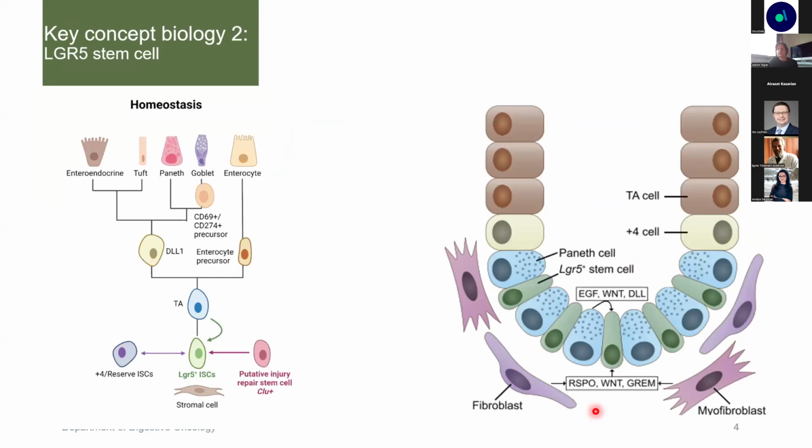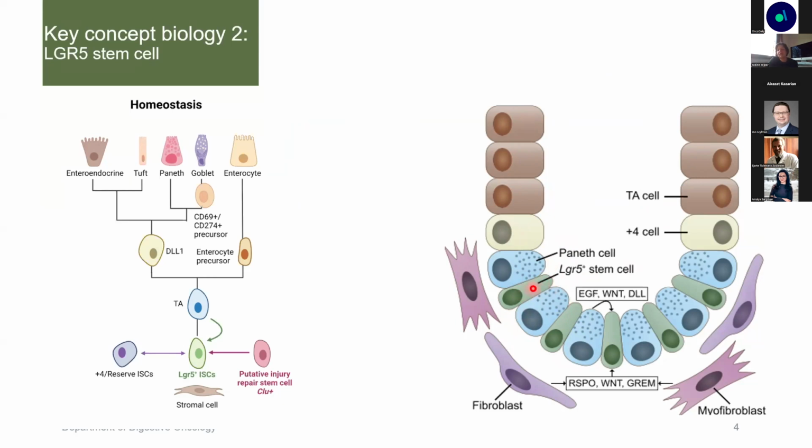So we have these regular little crypts in our colon, and I think we are all familiar with the concept that there's a stem cell that feeds each of these little crypts, with the upper cells just dying after a few days, but with continuous replenishment by that very famous LGR5 stem cell, shown here in green.